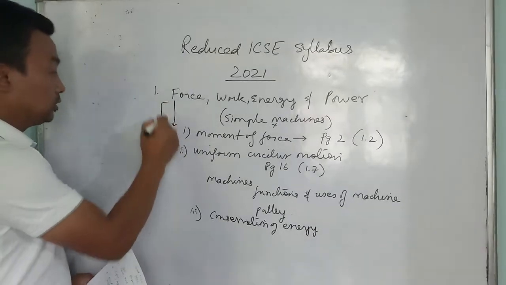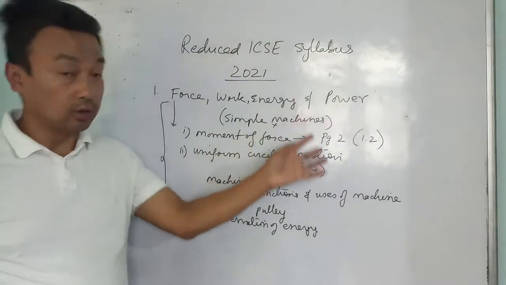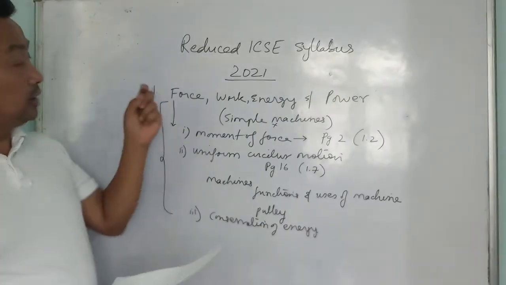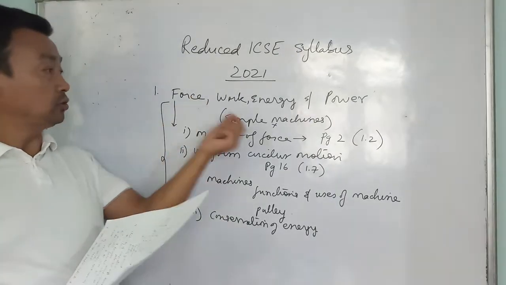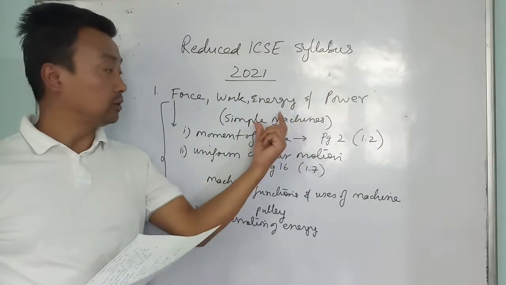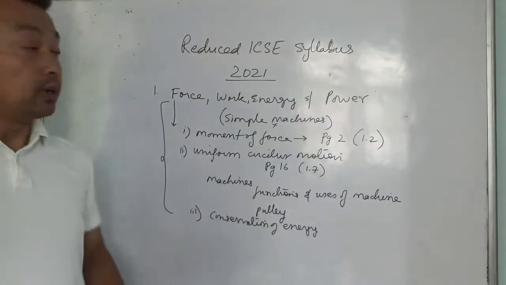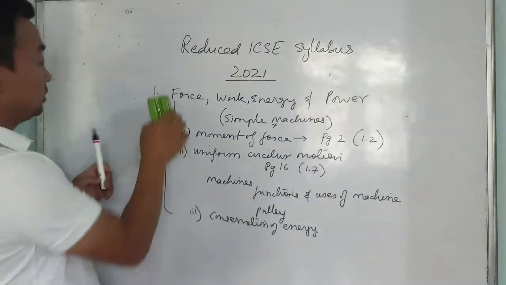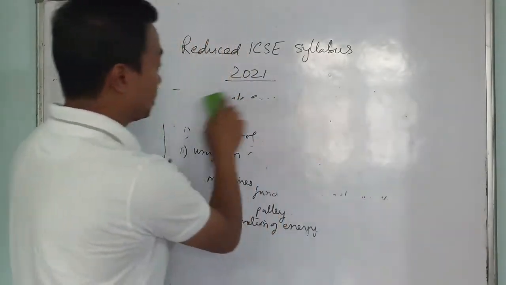So this will be your first unit. In this first unit you have got three chapters that are clubbed together: force, work, energy, power, and the simple machine. Now I'm going to start today the next chapter, that will be directly the sound.